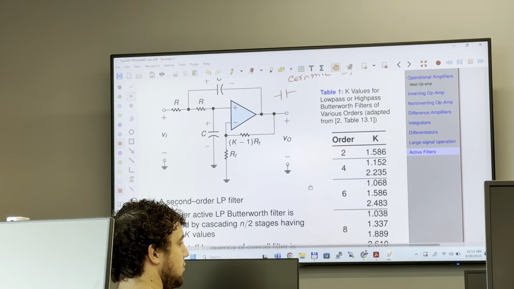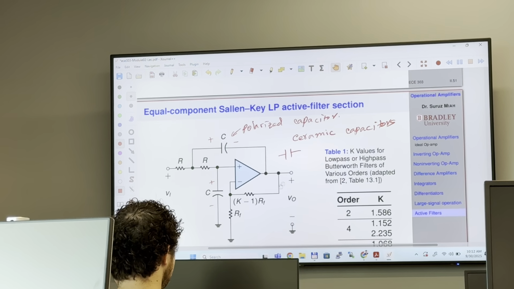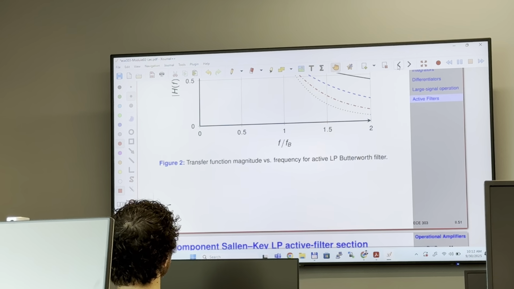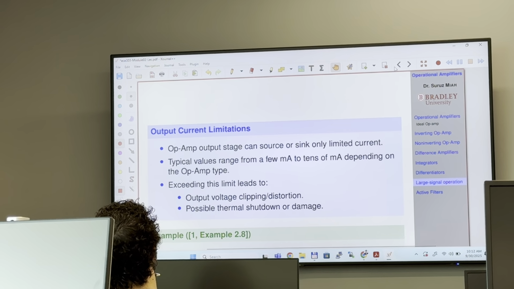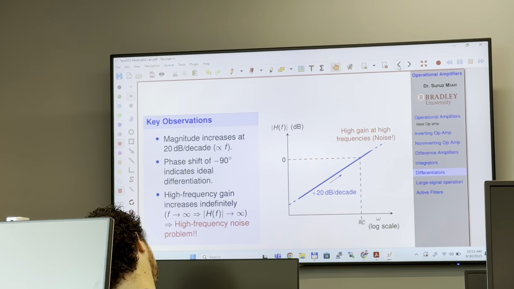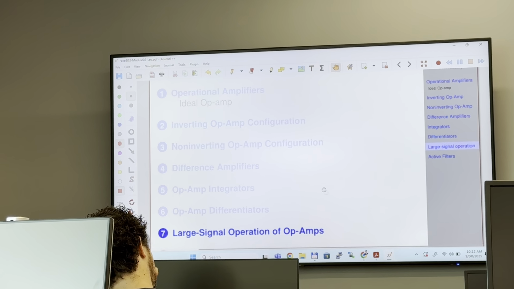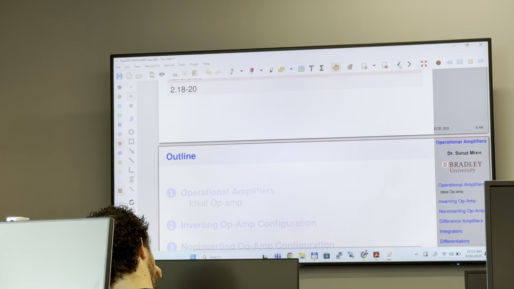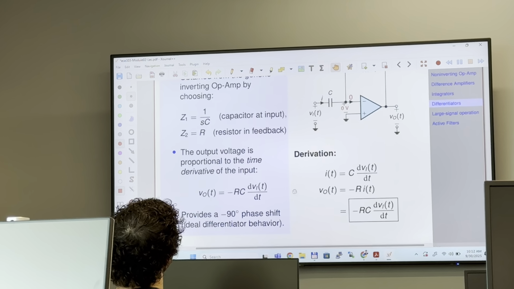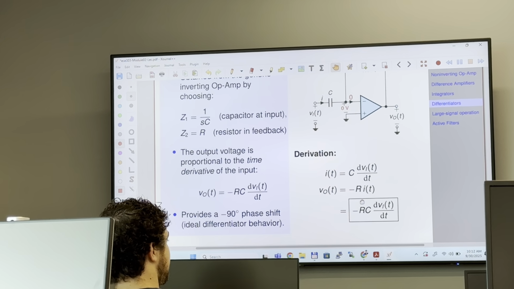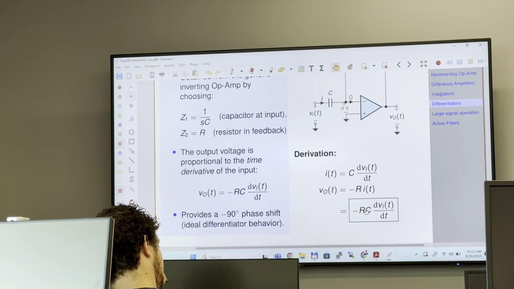So for active filters, there are no exercises, just whatever you have on the slide. And differentiators, I did not write them down because they follow exactly the same procedure as an integrator.